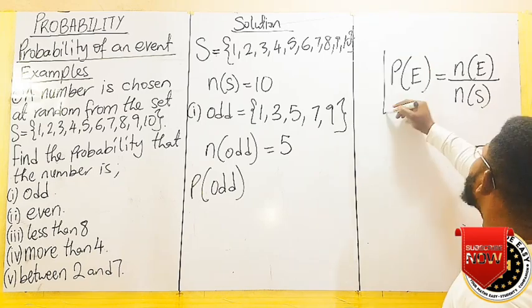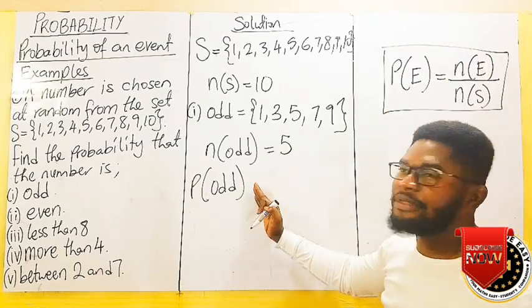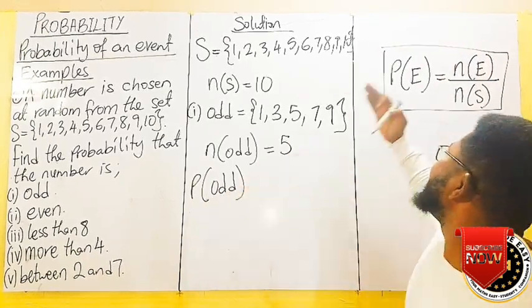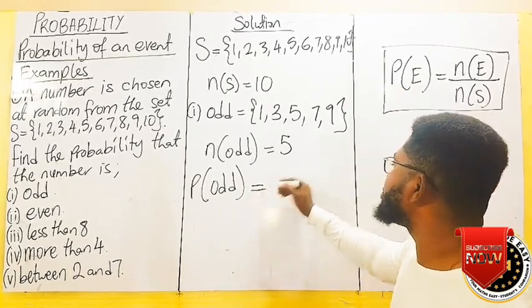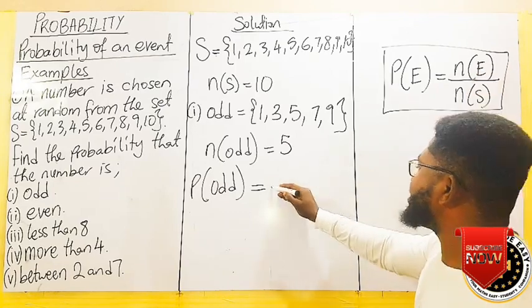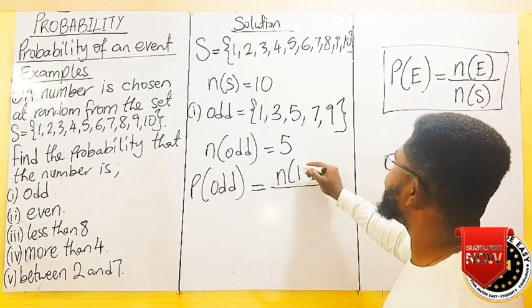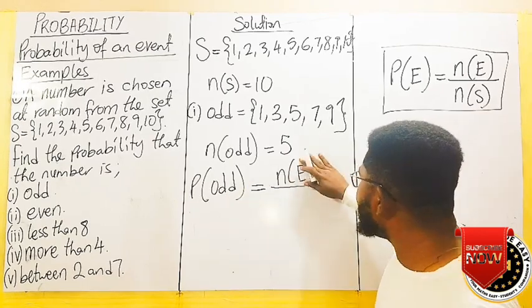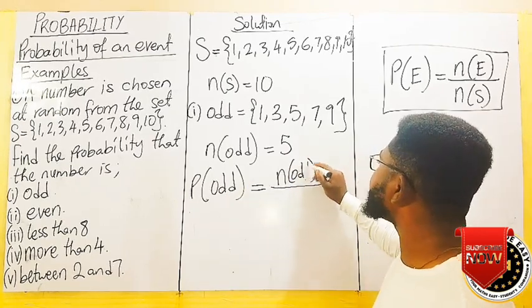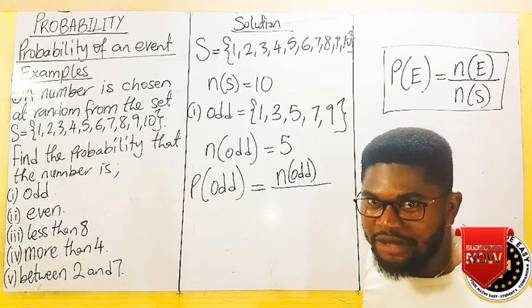So per this formula, we are going to create the same thing for odd. So the probability of odd equals the number of the event. Instead of writing the number of the event, since you know the event is odd, write odd. I believe you have now seen the way it looks.